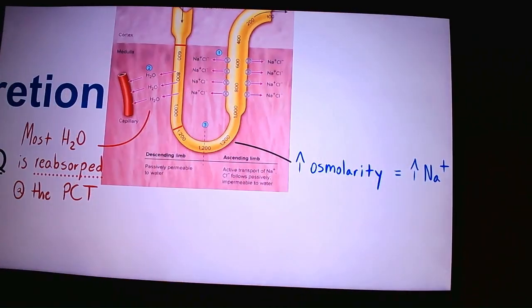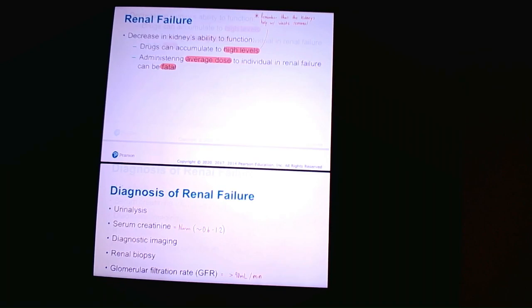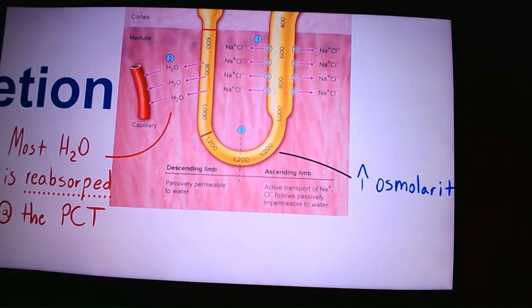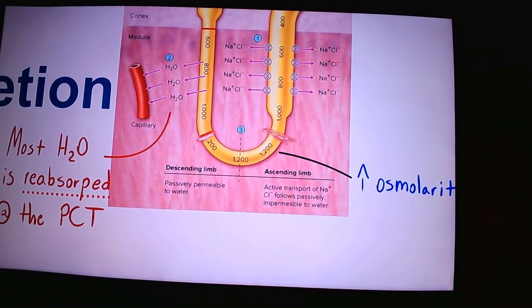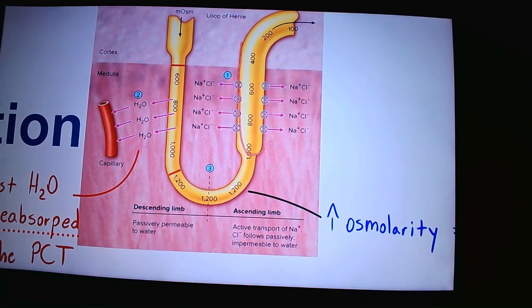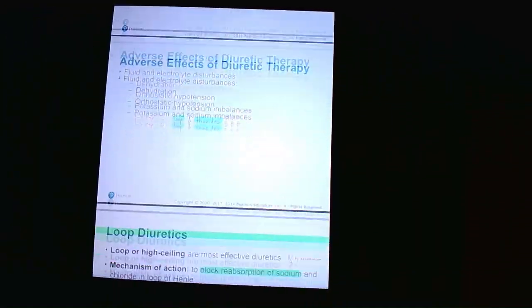The earlier you stop sodium from being reabsorbed, you're going to make more urine than you would later on. And loops, again to review, affect the loop, funny enough, the name, haha, and then thiazides affect the distal tubule.